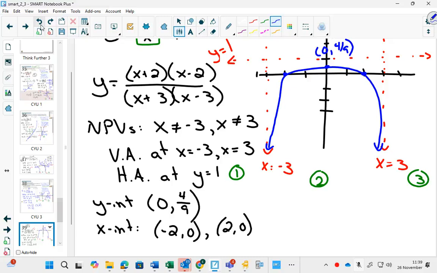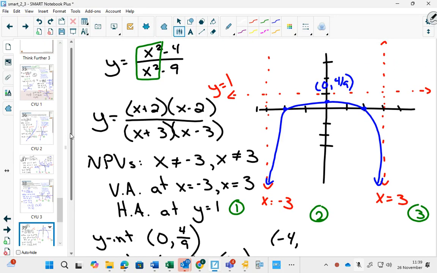What would be a point in section 1? You would have to plug in -4, right? -4 would be an x value in section 1. If I go to my original equation, I would have 16 minus 4, which is 12, and I would have 16 minus 9, which would be 7.